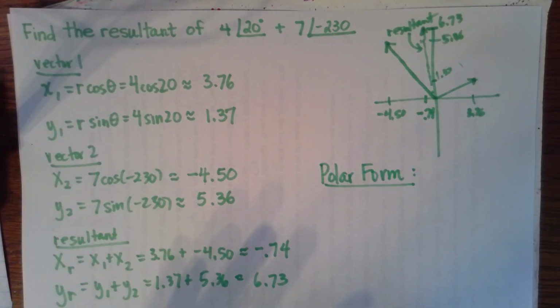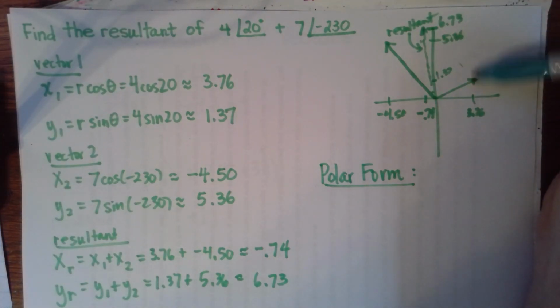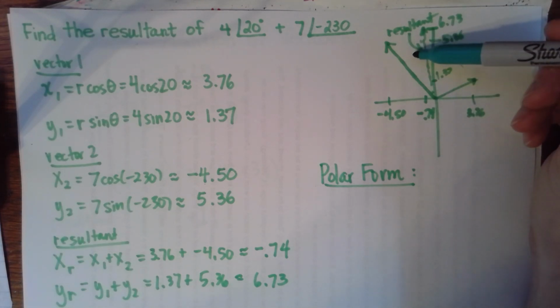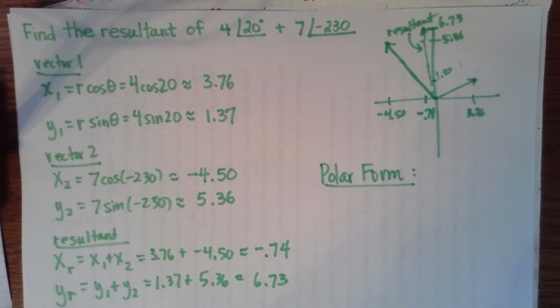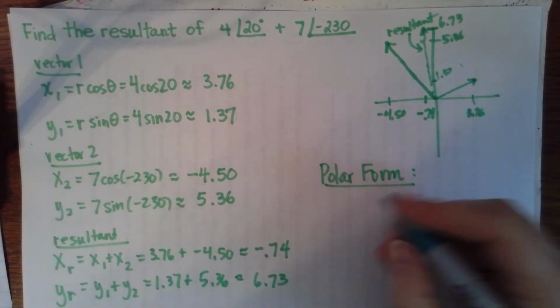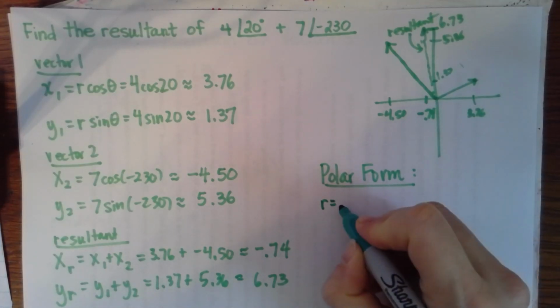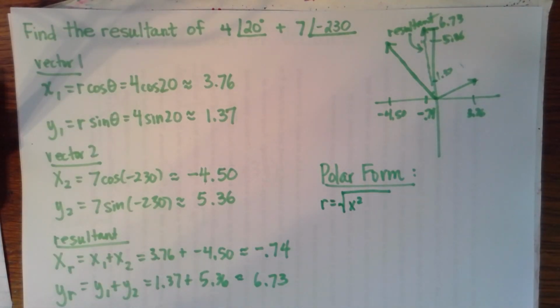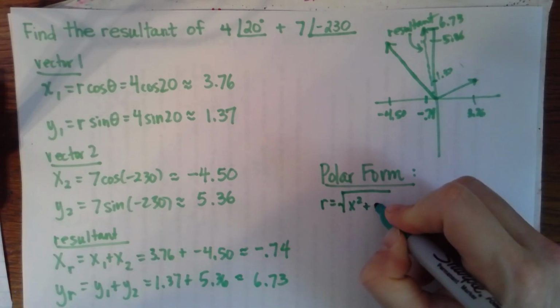We know it's not going to give us exactly what we want because we've done these before, right? If it's in quadrant 1 or 4, we can get it, but the inverse tangent never gives us something in quadrant 2 or quadrant 3, so we have to make sure that we're thinking when we figure out the final form of these. All right, so we need an r value, which is going to be the square root of x squared plus y squared.